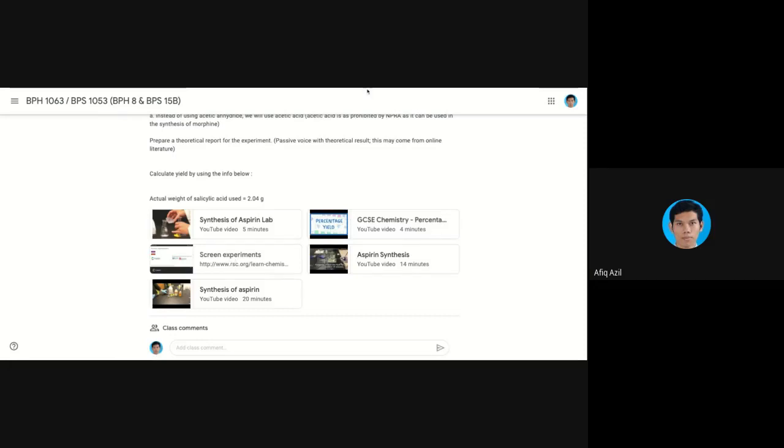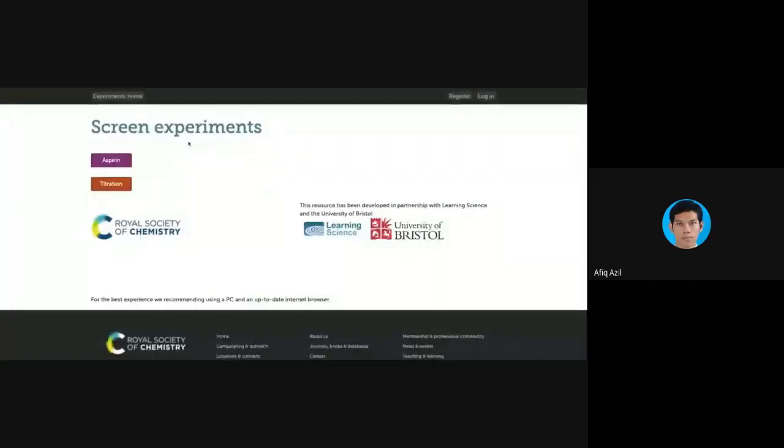Another material that I have put here is this screen experiment. I will open, share another screen. Okay, so this is a screen experiment in which you will have the ability to do the experiment on the computers online.